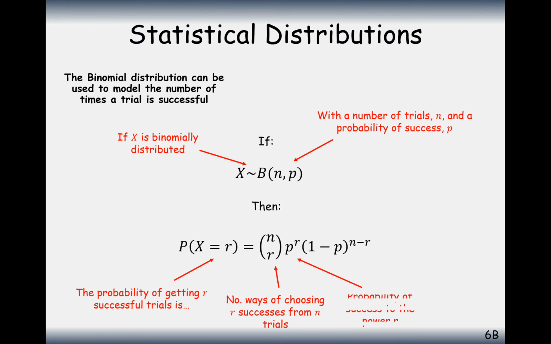And then it's probability of success to the power of number of successes times the probability of failure to the number of failures. Okay, so there's lots of different parts to that formula. Hopefully as we see more questions we'll get familiar with number of successes, probability of success, number of failures, probability of failure, how many different ways can this be ordered, put that at the front.